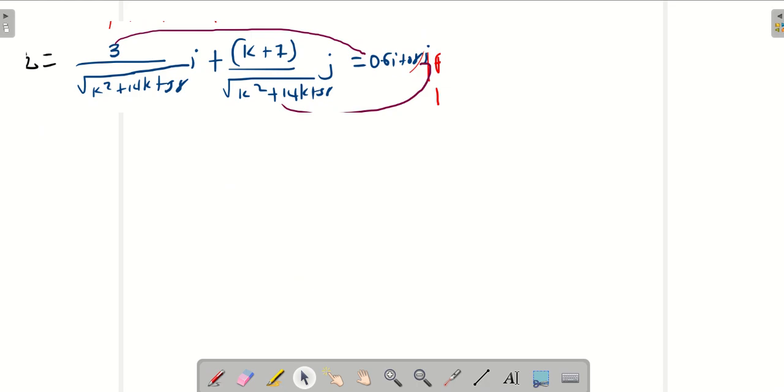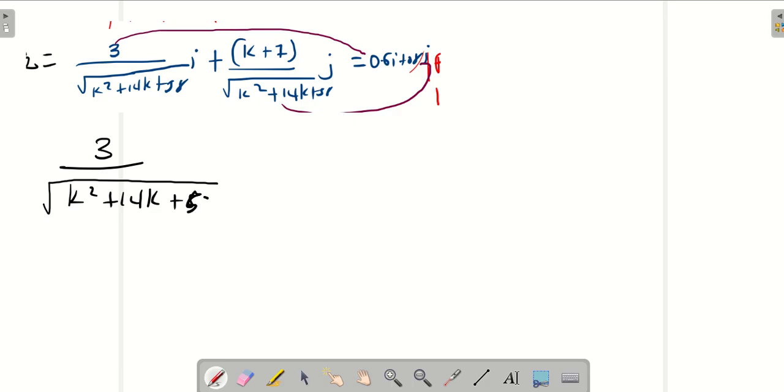Okay, so we are going to get 3 over the root of k squared plus 14k plus 58. Then we equate this one to 0.6. Is that right?